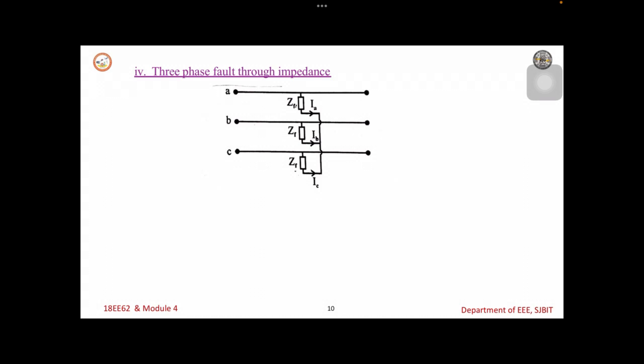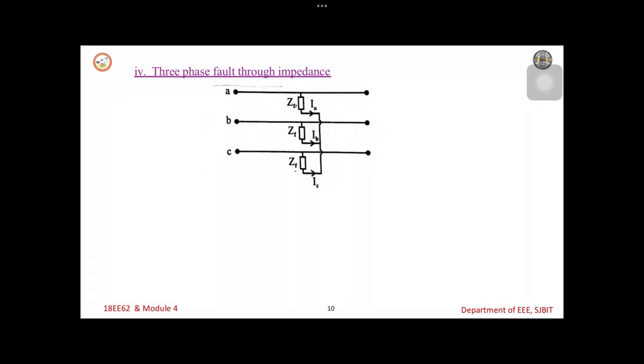Next, let us consider the 3-phase fault. Here a 3-phase fault means the fault happened in all the 3 phases. Phase A, phase B, phase C, all 3 phases get shorted, with fault impedance. If that is the case, how do we write the sequence network?